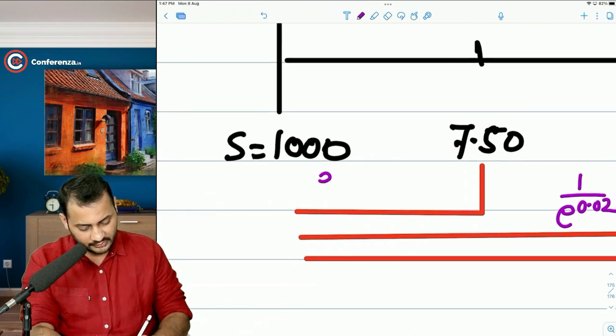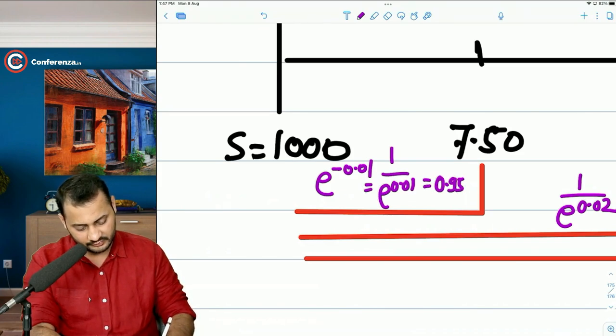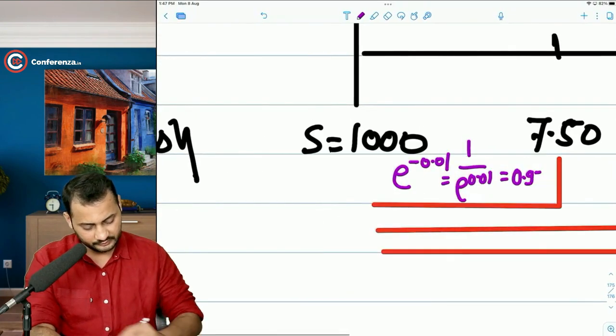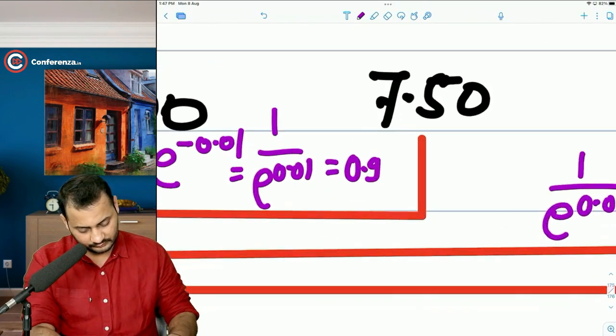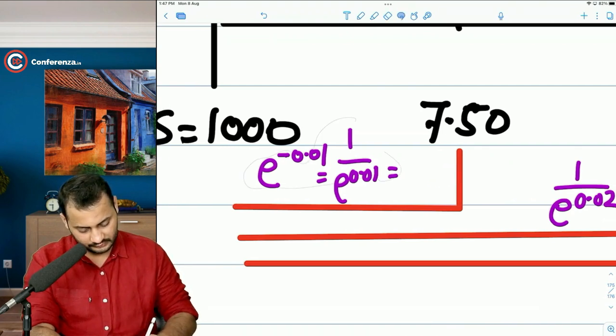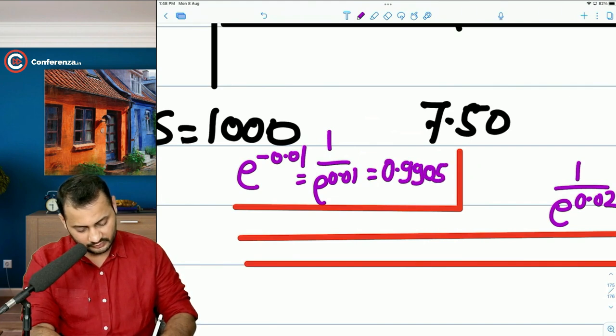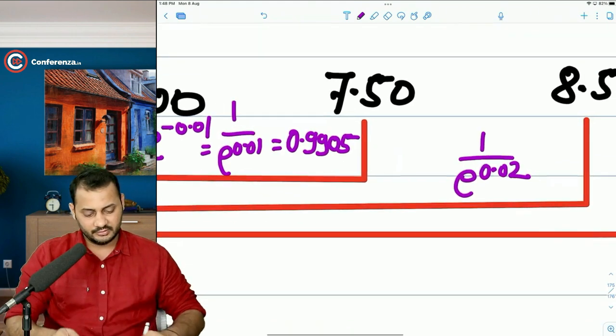We are going to multiply it with e to the power minus 0.01, or you can take 1 divided by e to the power 0.01, and this is nothing but 0.9905. Simple. All of them are one and the same thing.